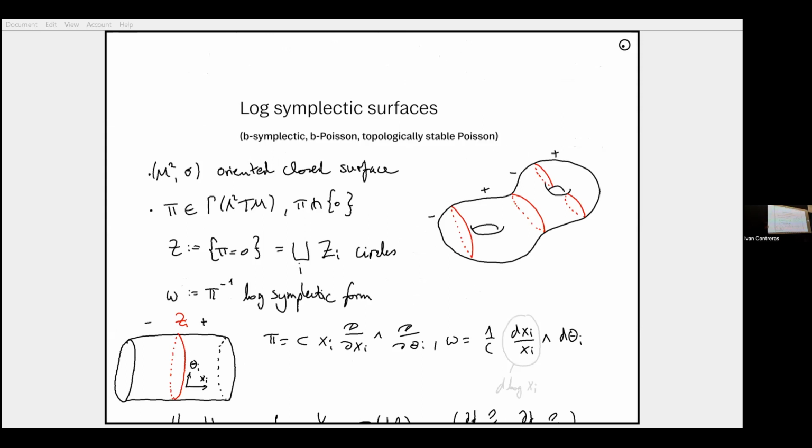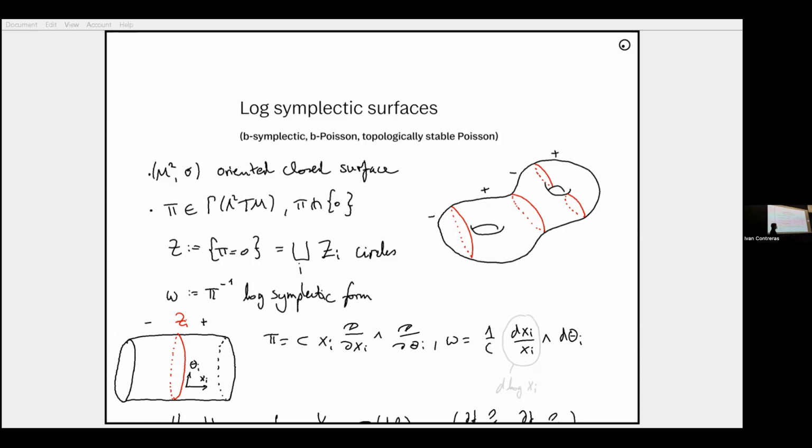So what is this? Assume we have an oriented closed surface. This little O is meant to be a fixed orientation that we've chosen. Then a Poisson structure is topologically stable, or log Poisson, if it intersects 0 transversely. On 2-dimensional manifolds, every bivector is Poisson since the Jacobi identity is trivial.